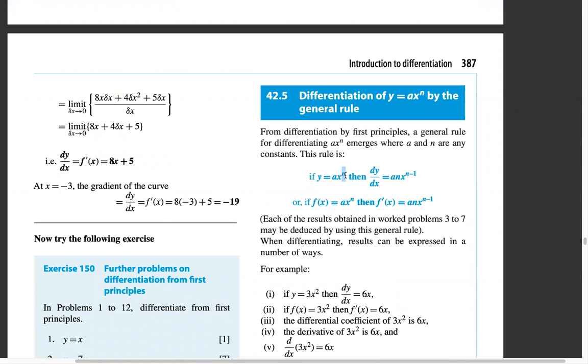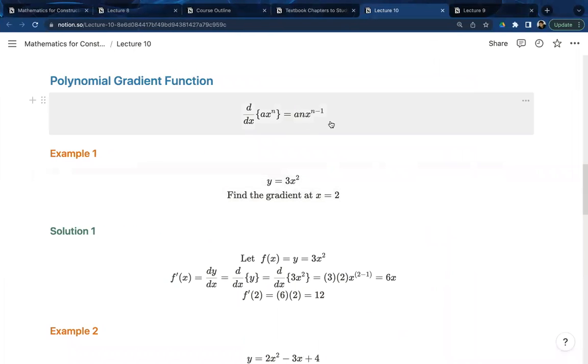This is a typical polynomial function, right? X to some power. What we do is the coefficient in front of it doesn't really take part in the calculation, but it has to be there. We take the power, we multiply the entire function by the power, and then we decrement the power by 1. That is the rule we learned here.